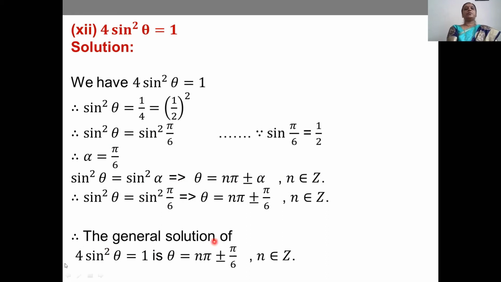Therefore, the general solution of 4 sine square theta is equal to 1 is theta is equal to n pi plus minus pi by 6, where n belongs to Z. Now let's consider the next example.